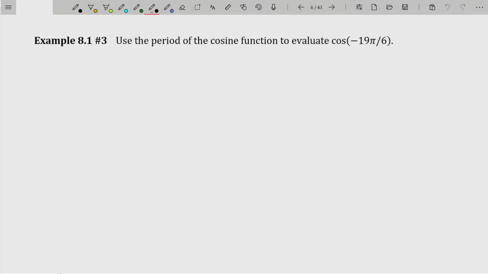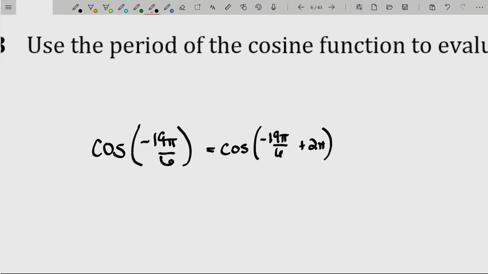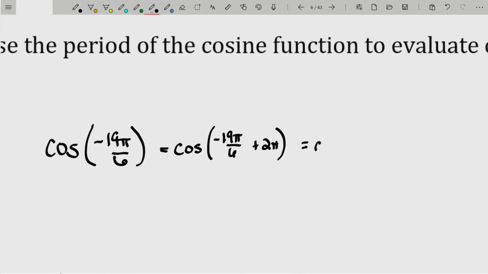Since we know the period of the cosine is 2 pi, and we're being asked to evaluate the cosine of negative 19 pi over 6, we know that this should be the same as the cosine of negative 19 pi over 6 plus 2 pi. Now remember, 2 pi is 12 pi over 6, so that would be the cosine of negative, let's see, negative 19 plus 12 is negative 7 pi over 6.